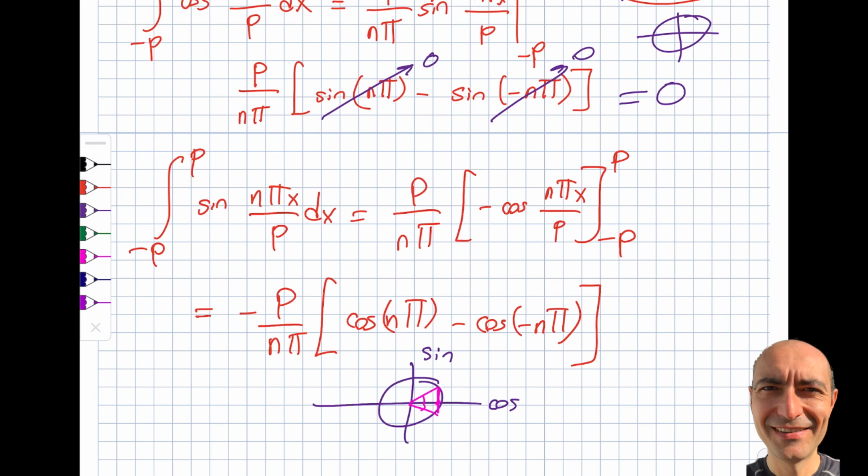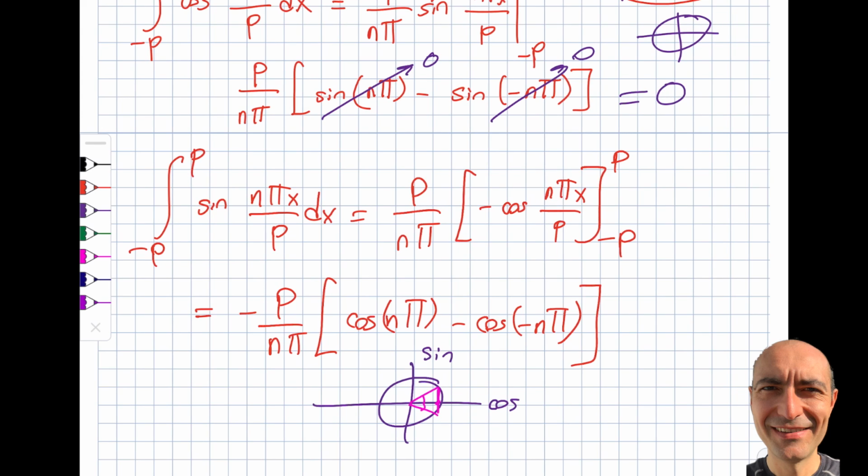The other thing specific about the n pi this time around is that when I put n equal to 1, I will be at this point, right? And I will get minus 1. When I put n equal to 2, it will be cosine of 2 pi, which is 1. You see, 3, minus 1, 4. So what is going on over here is if I have an even n, I'm going to get a plus 1.